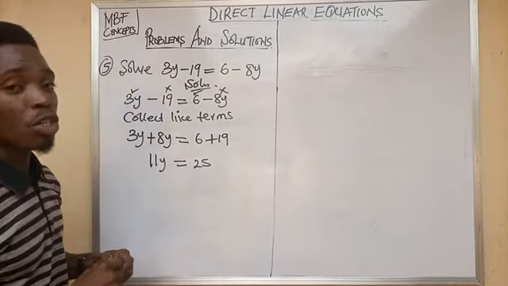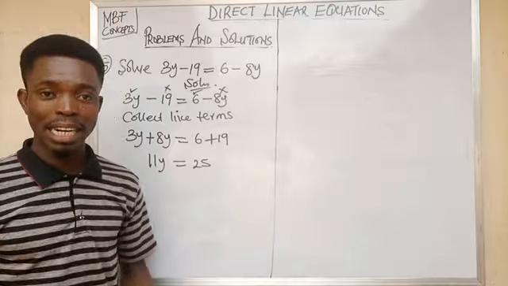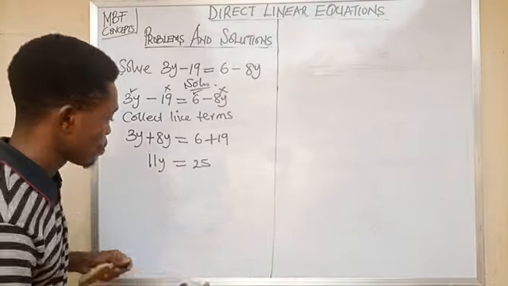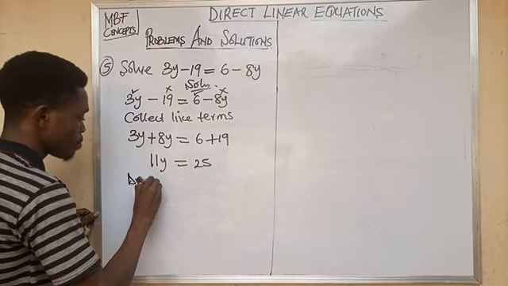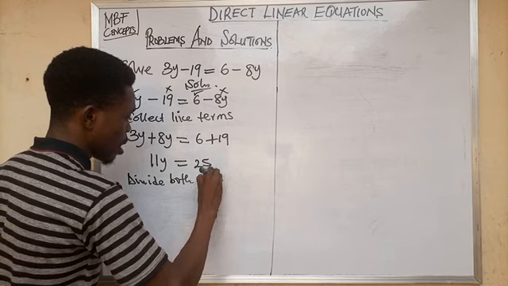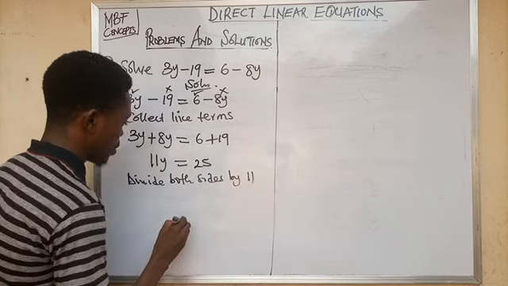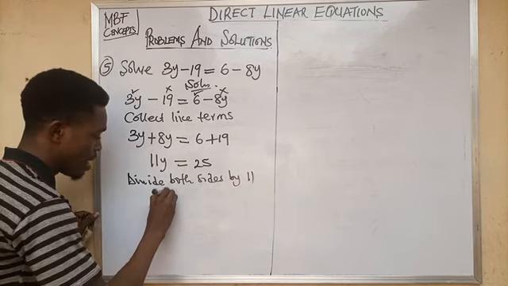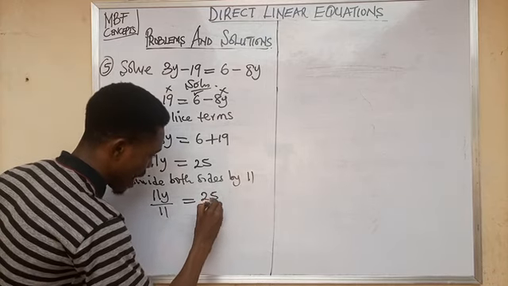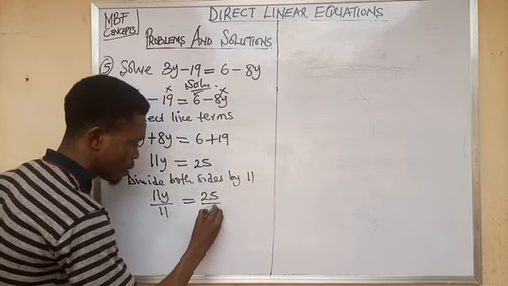We will not stop here because the coefficient of y is greater than 1. So we are going to divide both sides by 11. By this statement, we mean 11y over 11 is equal to 25 over 11.